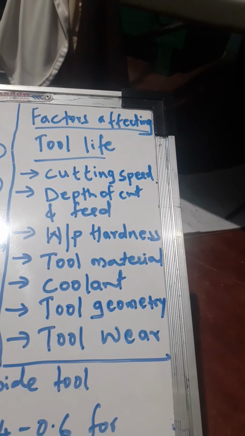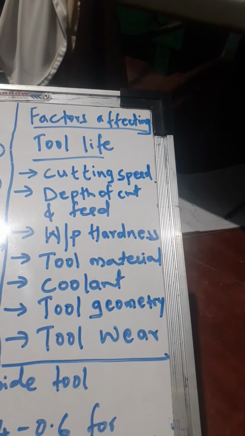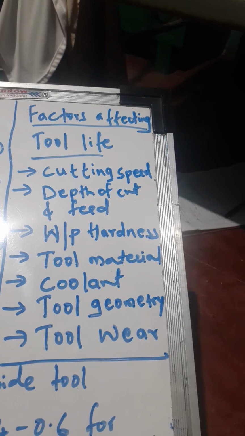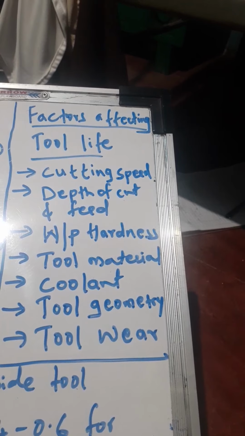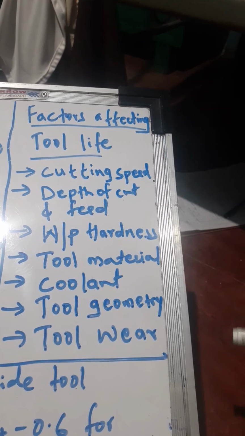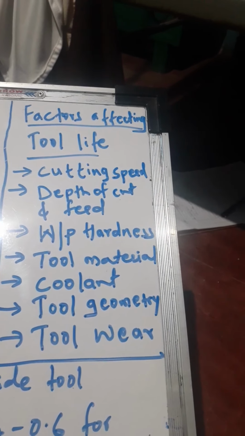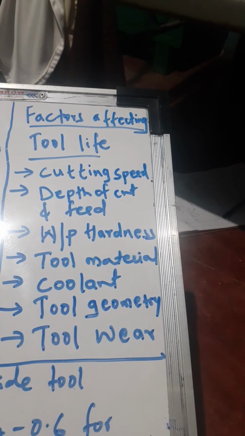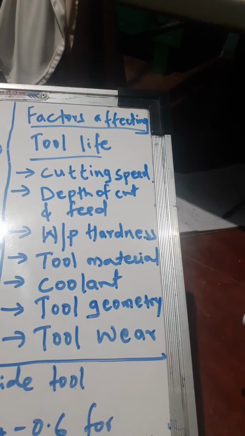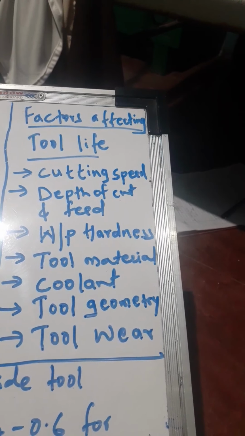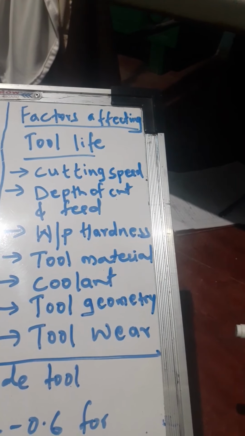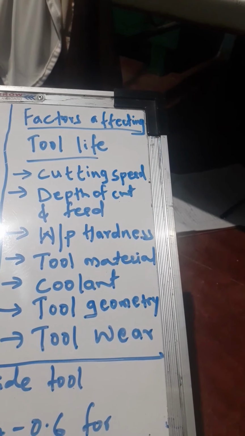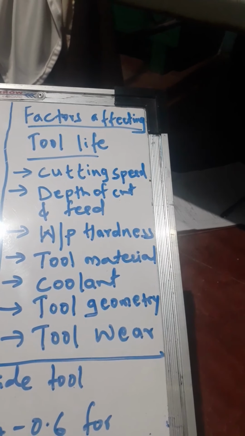When the temperature increases, some of the small removed particles will stick to the chip, and this chip will slide on the tool face. Due to this sliding action, friction will occur, and the resulting rubbing or scratching action on the tool reduces the life of the tool.